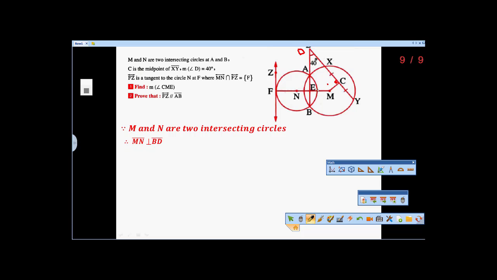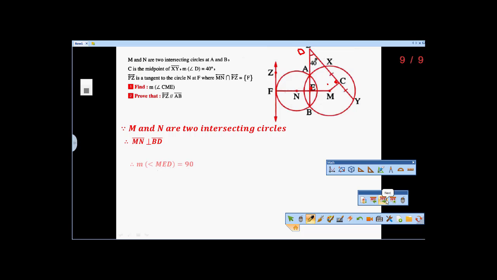And also these two circles are intersecting circles. It means the line of centers, which represents MN, is perpendicular to the common chord AB and bisects it. It means AE is equal to EB, but I don't need it now. I need to use the perpendicular. MN is perpendicular to AB, then the measure of this angle also equals 90.